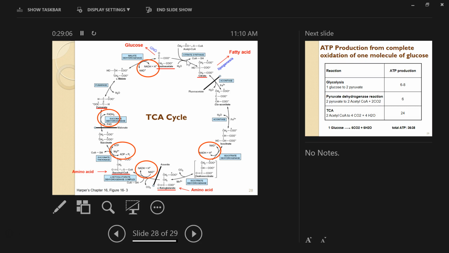The alpha-ketoglutarate and succinate intermediates are generated from amino acid metabolism and join the TCA cycle.